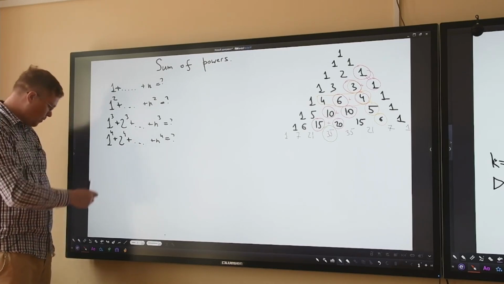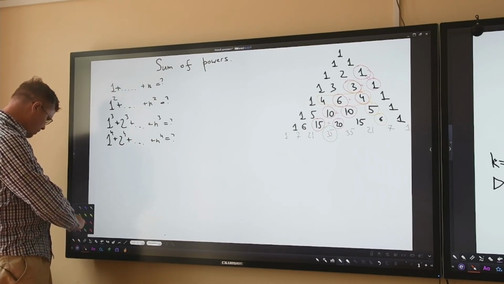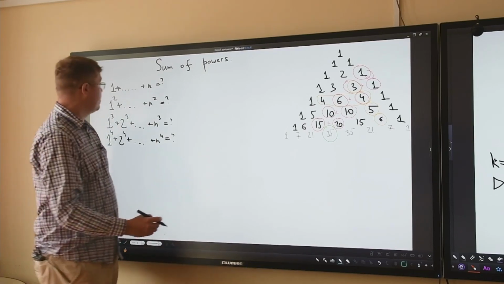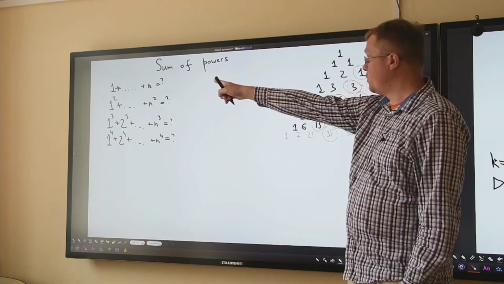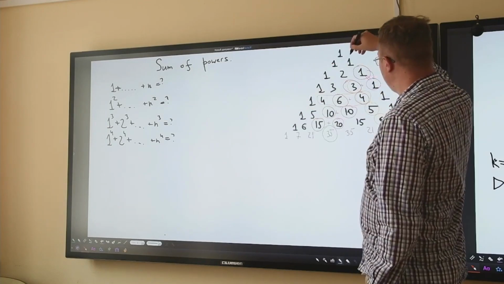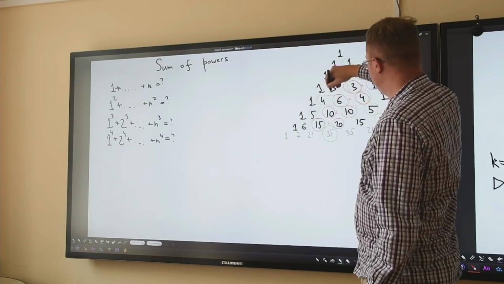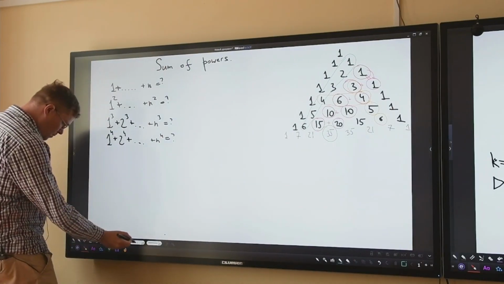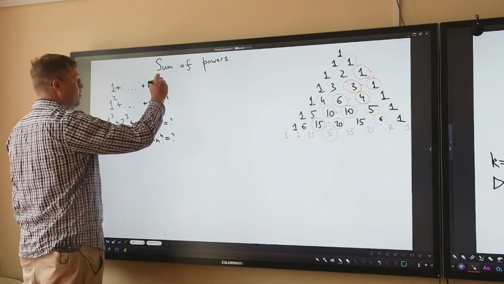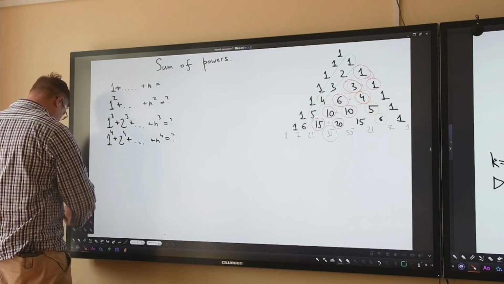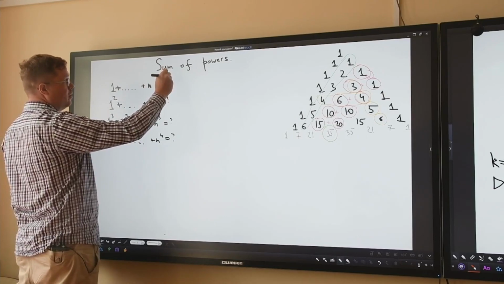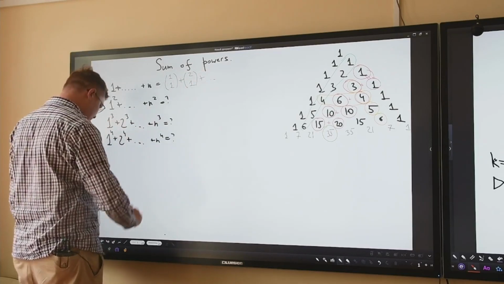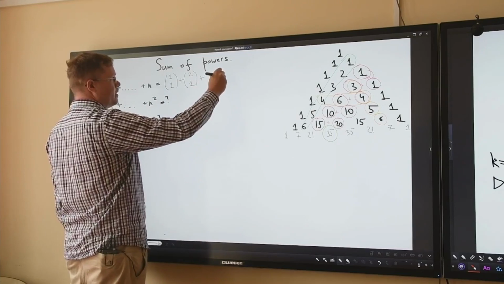So for example, if you consider the first one, we can see this in Pascal's triangle, because if I want to calculate the sum 1 plus 2 plus 3 and so on, I just want to calculate the sum of this diagonal, because I can rewrite this as 1 choose 1 plus 2 choose 1 plus etc. plus n choose 1.